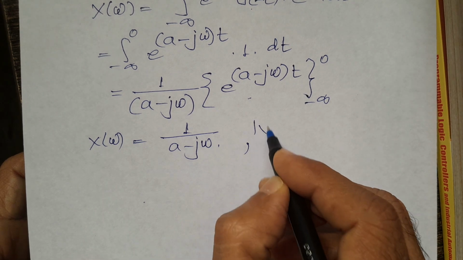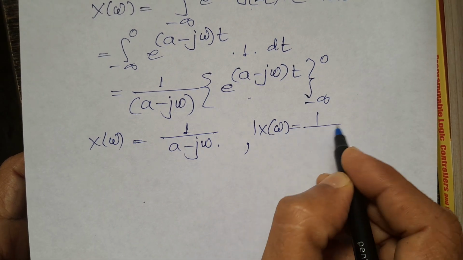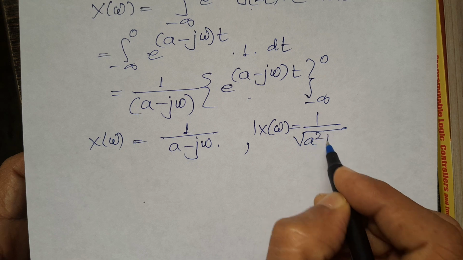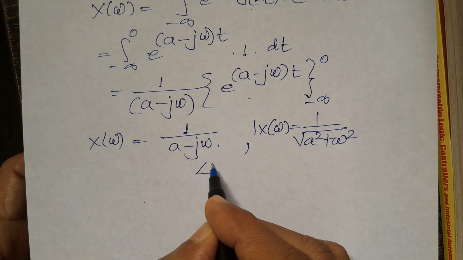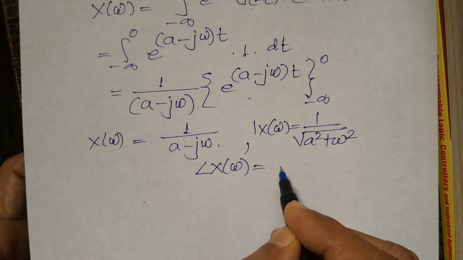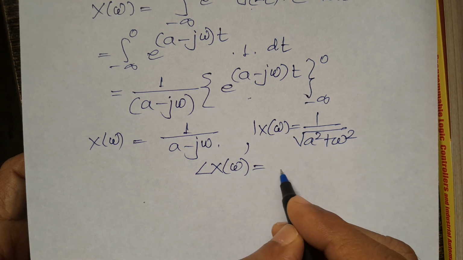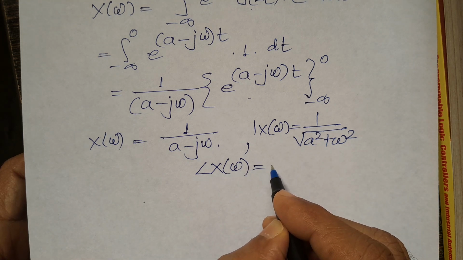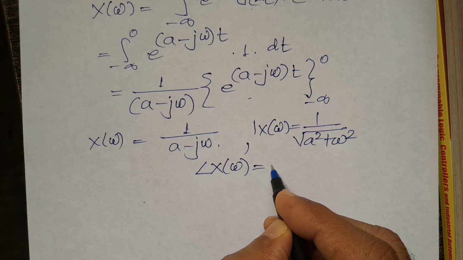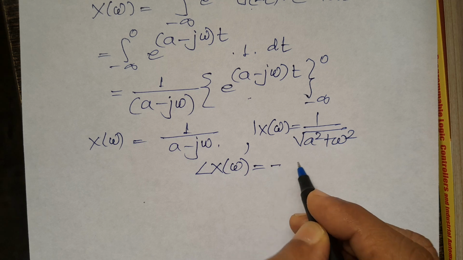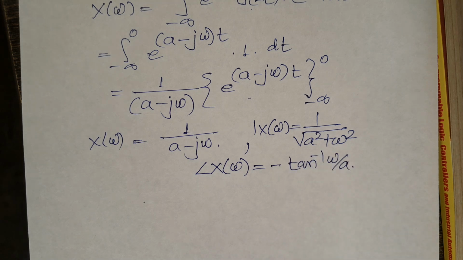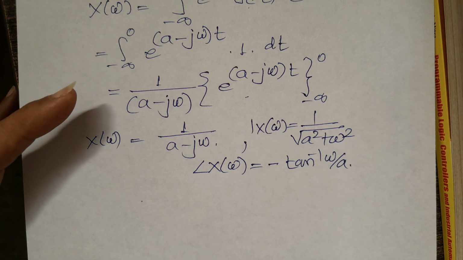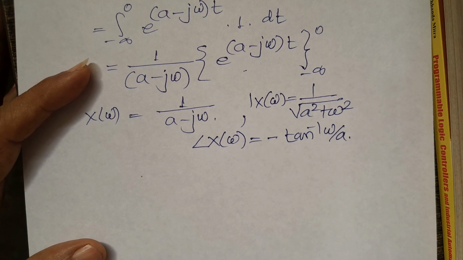The magnitude of X(omega) is equal to 1 over the square root of (a squared plus omega squared), and the angle of X(omega) is equal to minus tan inverse of omega by a.